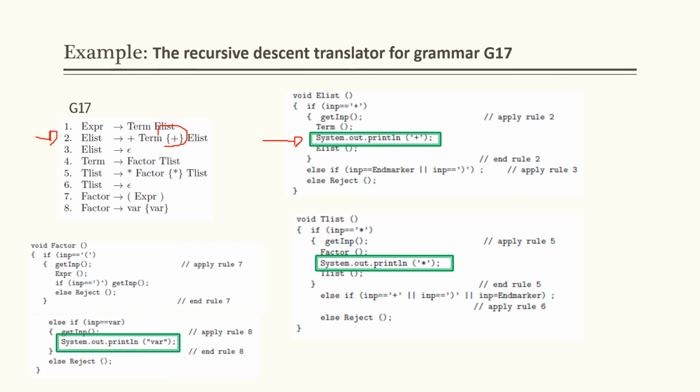For rule number 5, we have the action symbol multiplication, so we just add System.out.println multiplication. The last one is rule number 8, where we have the action symbol var, so in our code we just add System.out.println var. Whenever we see an action symbol, we just write System.out.println, remember, because the action symbol is the output.